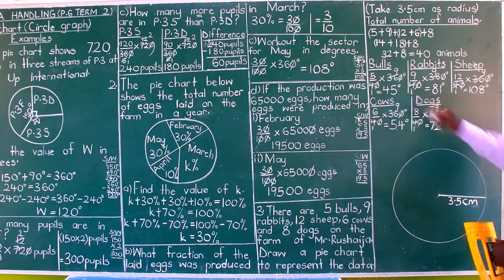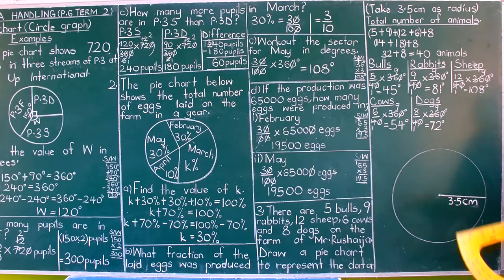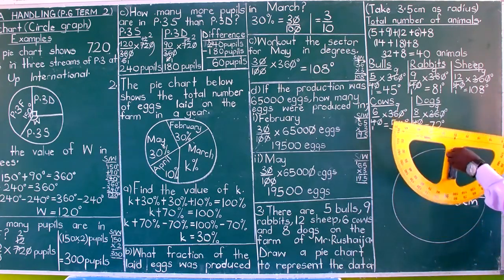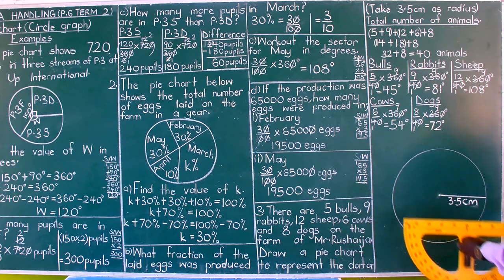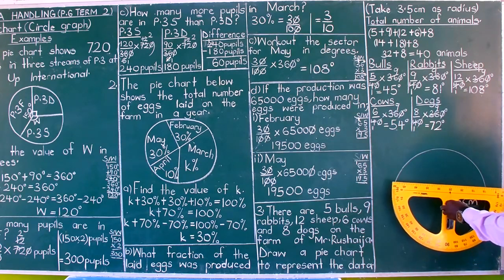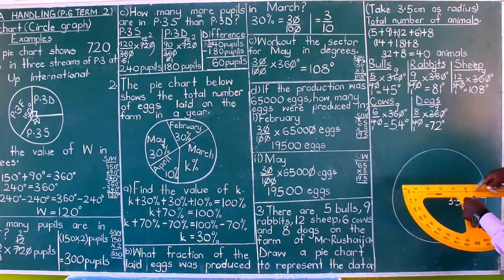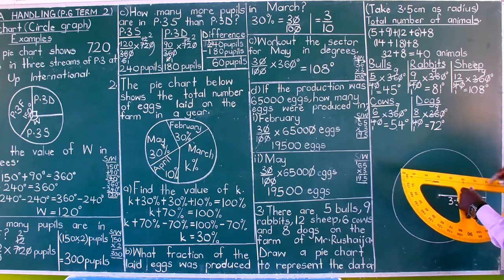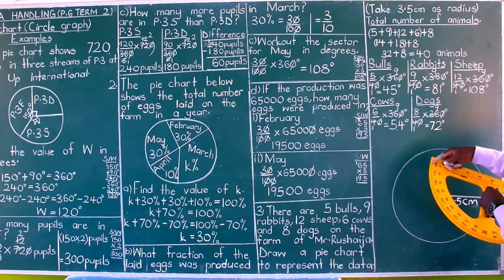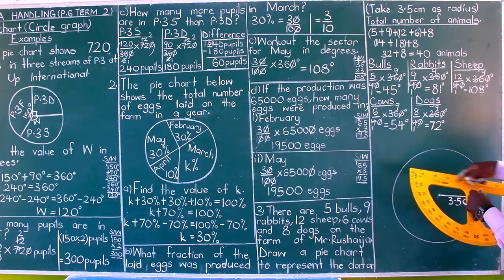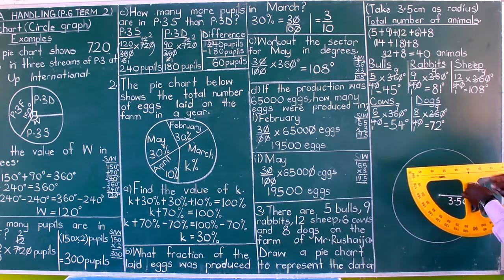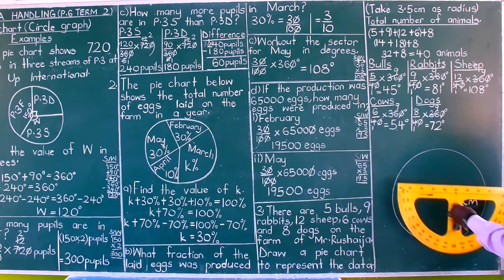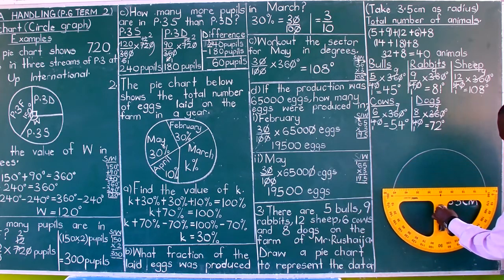The first angle is 45 degrees. Have your protractor handled this way. Ensure you have this radius already at 3.5. Then get a black line. There's a black line drawn on your protractor, which is the base of your protractor. Mine is here. Yours would be like mine, which has got a hole. So the hole is here.